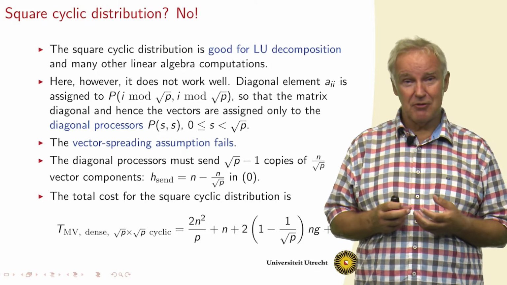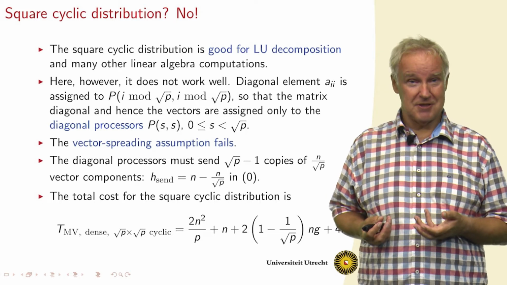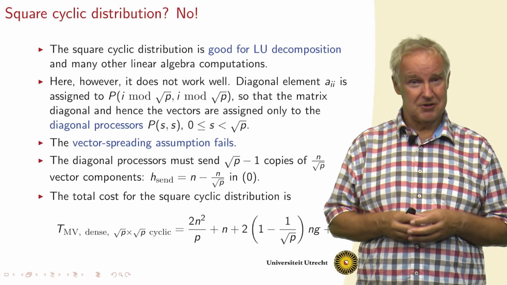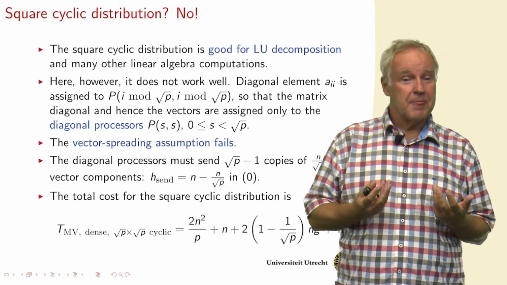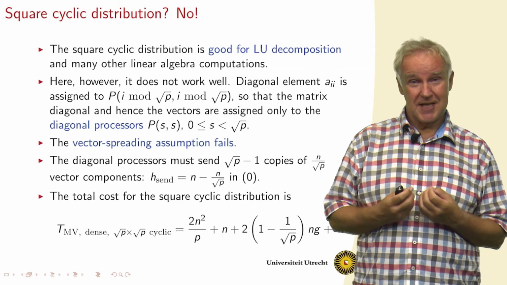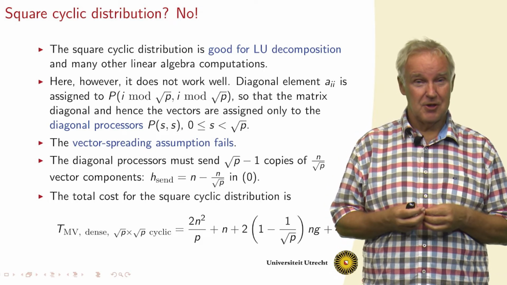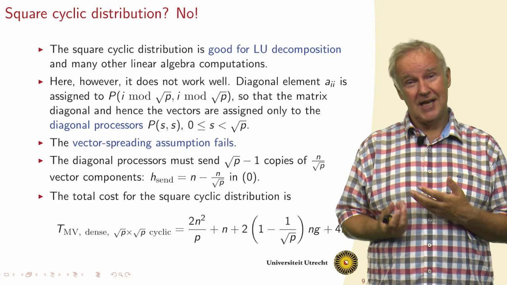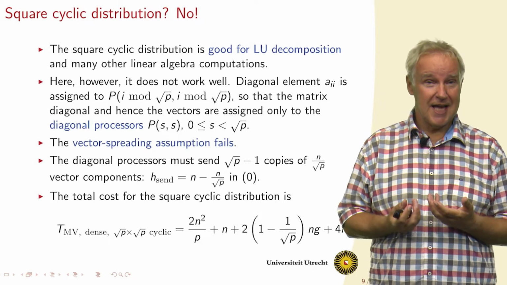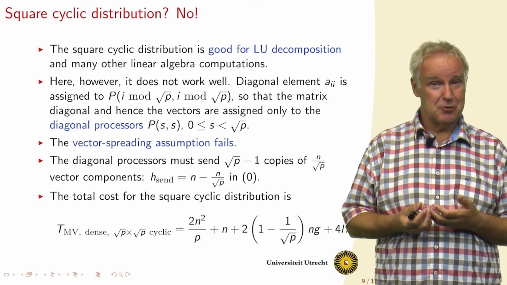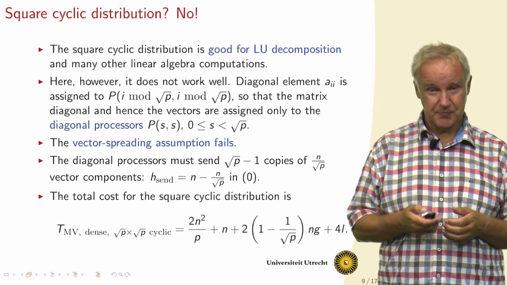So a limited number of processors gets the matrix diagonal. So also these processors are the ones that hold the vectors. So no good spreading of the vectors. So the diagonal processors have to send their n over square root p vector components to all the others in either a row or a column, so to square root p minus 1 others. So we still have a cost of about 2 times n times g. And that is not what we want.